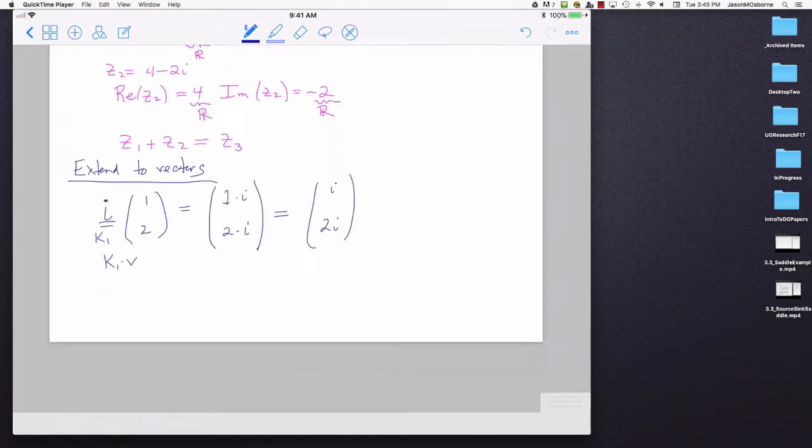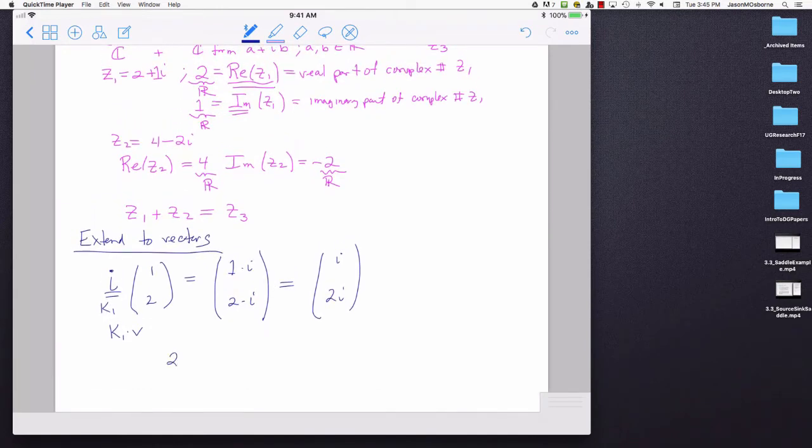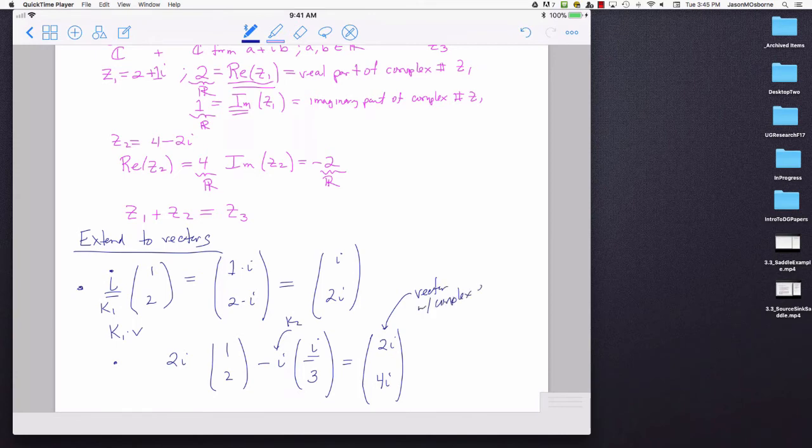All right. You can do complex arithmetic. Let's say you do 2i times the vector 1, 2, minus i times the vector i, 3. Okay. So notice that this vector has the complex number i in it, and the constant k2 is a complex number. So you could do the arithmetic here. It would be 2i, 4i. So now you have a vector with complex number entries.